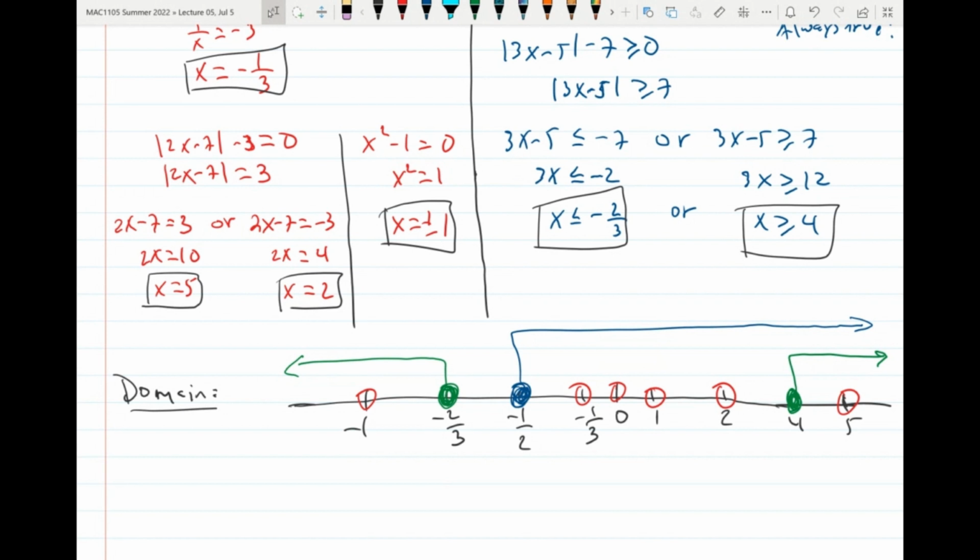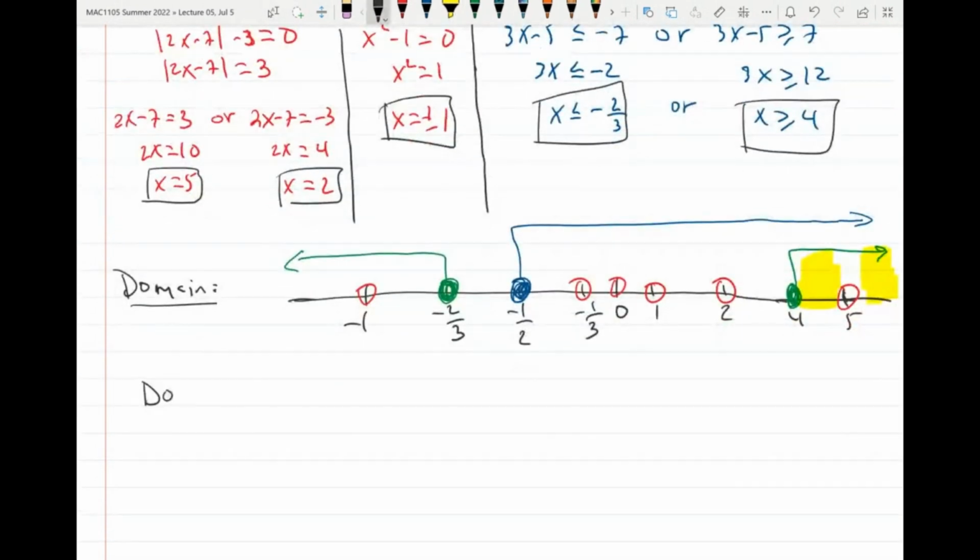So what would be the domain in this case? So it would be this together with this, right? So the domain would be 4, 5. So bracket of 4, parentheses of 5, union 5 to infinity. So parentheses.